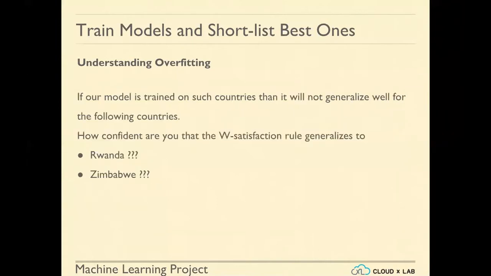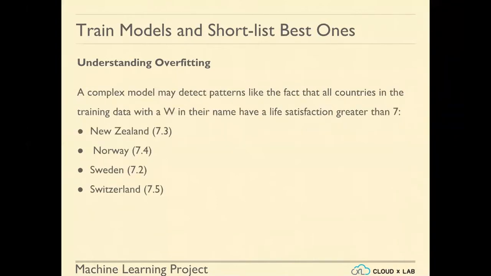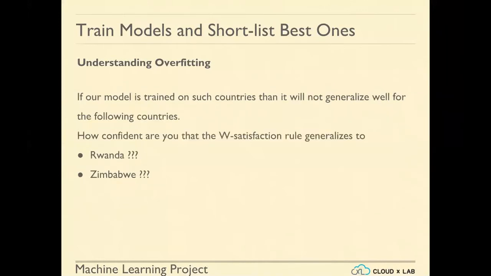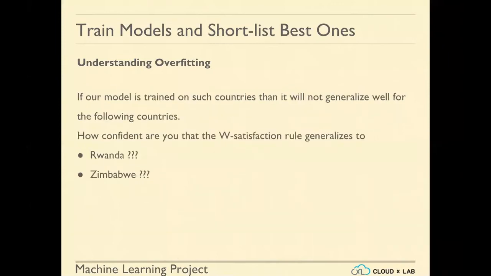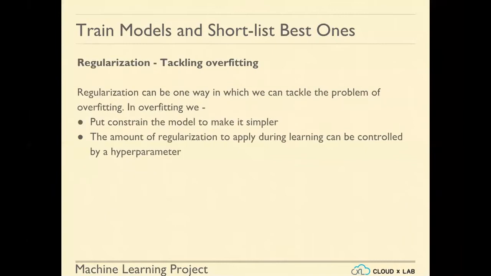In that case, the chance of it going wrong on data it has not seen is high. For example, Rwanda and Zimbabwe also have a W in the name, but their life satisfaction is not greater than 7, so the rule does not generalize well. We will be tackling overfitting.